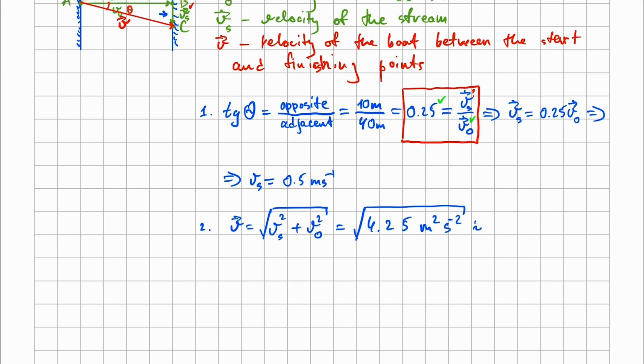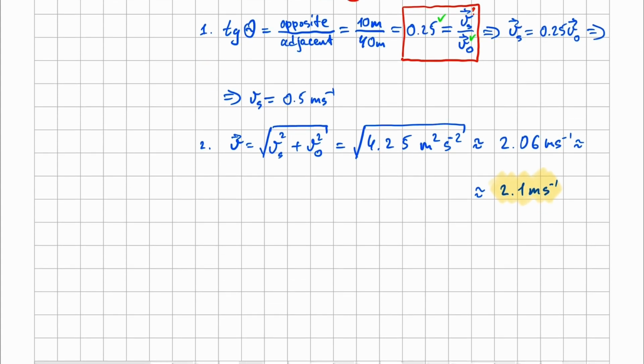Okay, so approximately this is 2.06 meters per second, which equals the number given in the book answers, approximately 2.1 meters per second. So this is our final answer. What you shouldn't forget is that in A-level papers you need to write down the answer.